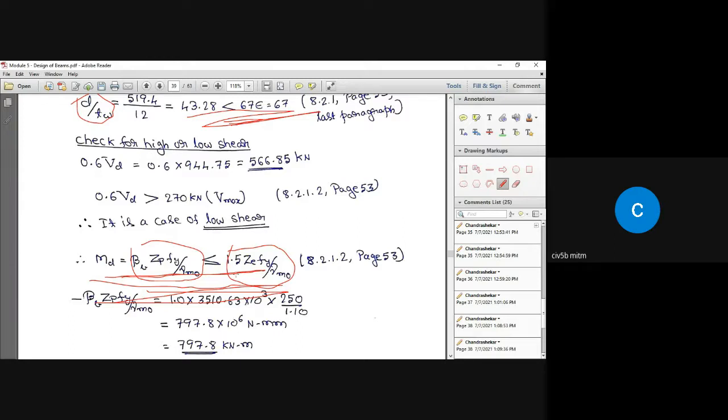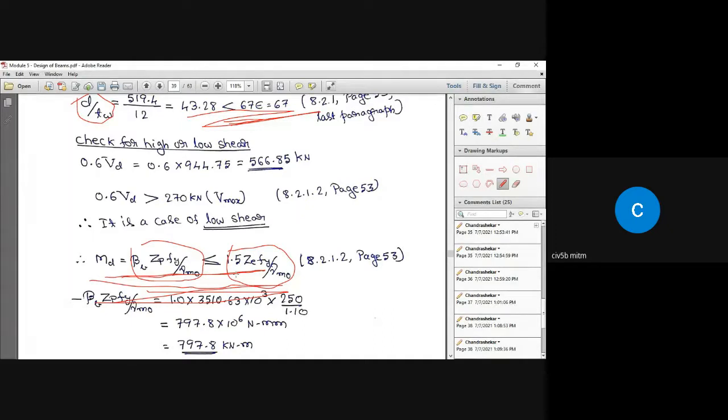Why? Go to page number 53 of the code book. I hope you are on page number 53. In the first column, go from the bottom. Are you seeing 8.2.1.2?